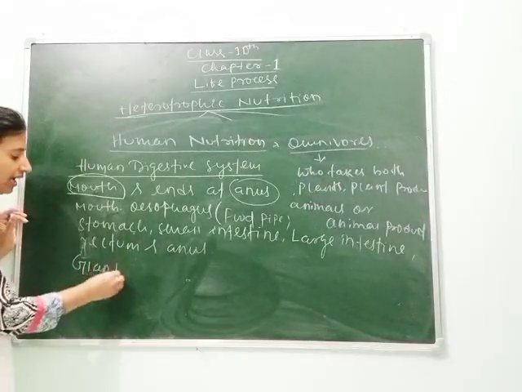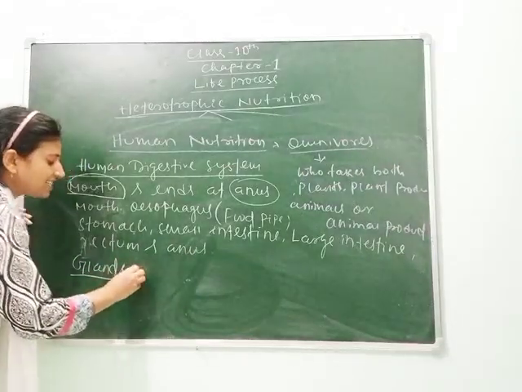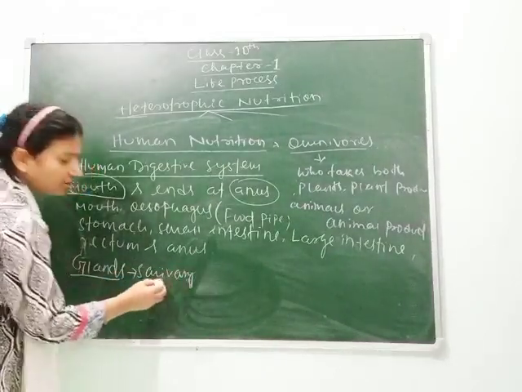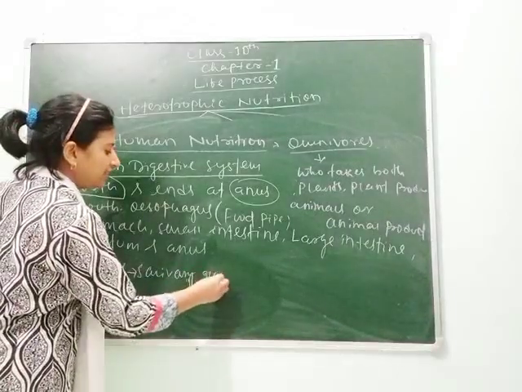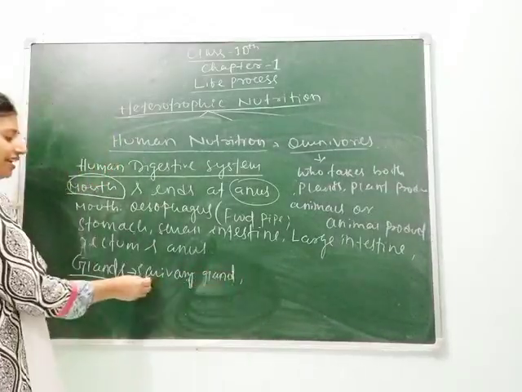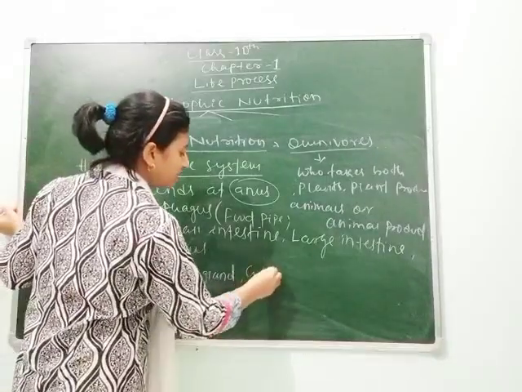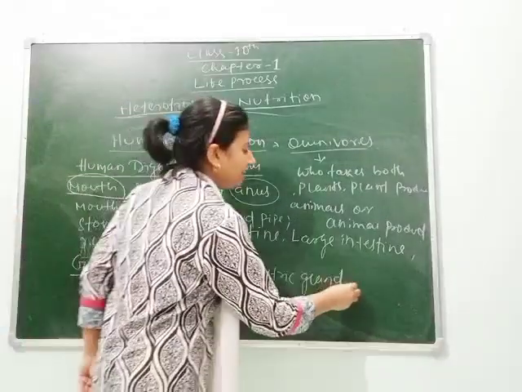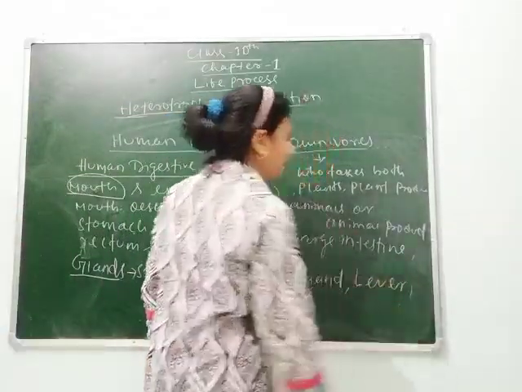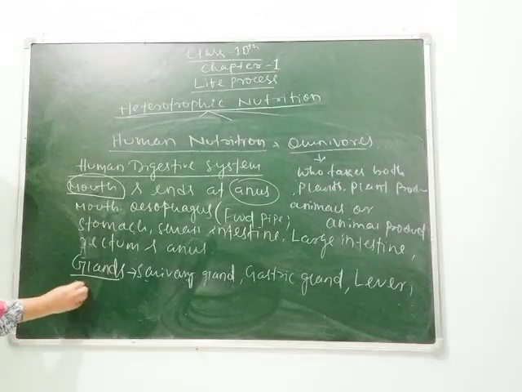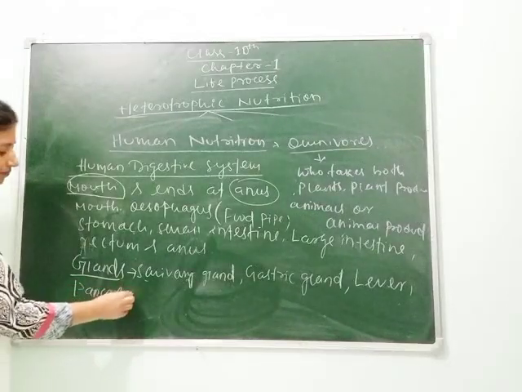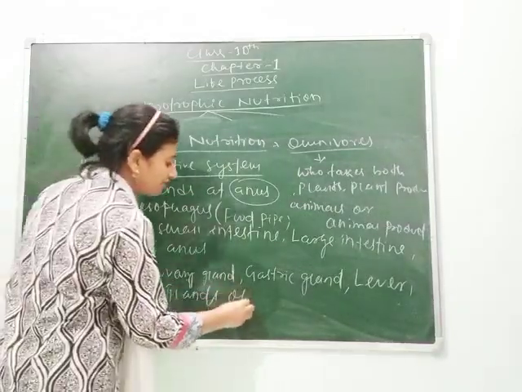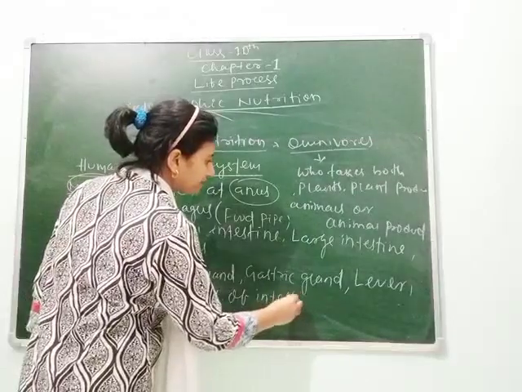The glands which help in digestion are the salivary glands, present inside the mouth, then the gastric glands, present in the stomach, then the liver, the pancreas, and then the glands of the intestine.